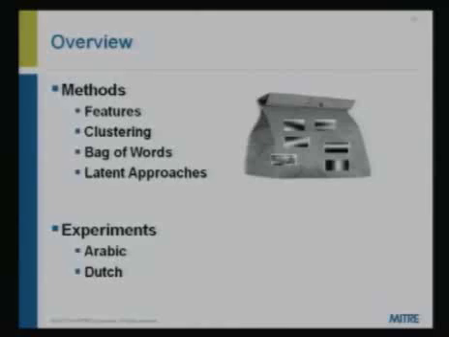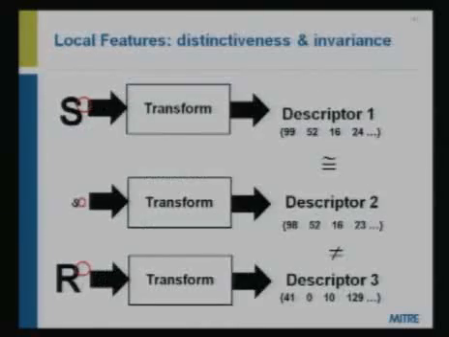We've done some basic experiments in both Arabic and Dutch, and the features, which is the hard part in most of these applications, is figuring out the features that you can use that are reasonable to get your feet off the ground to start looking at these methods from a statistical point of view to build up the handwriting and statistical pattern recognition methodologies.